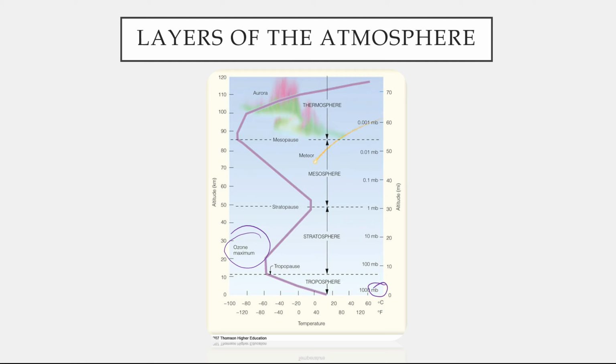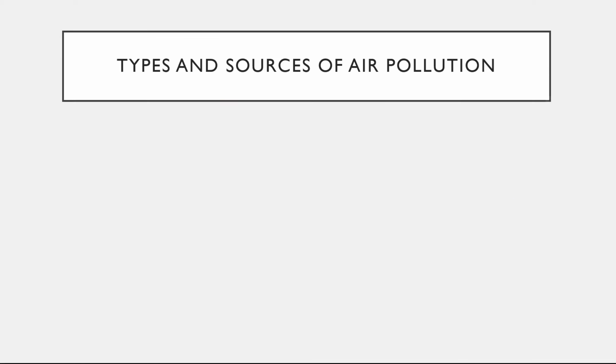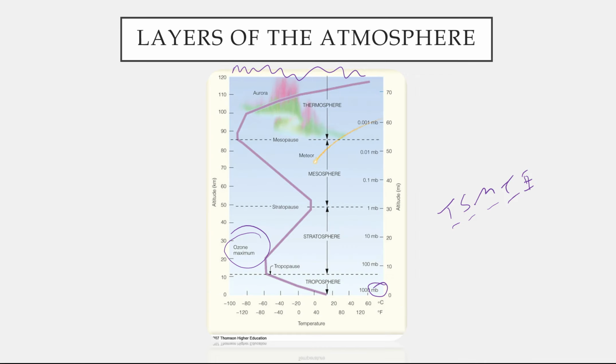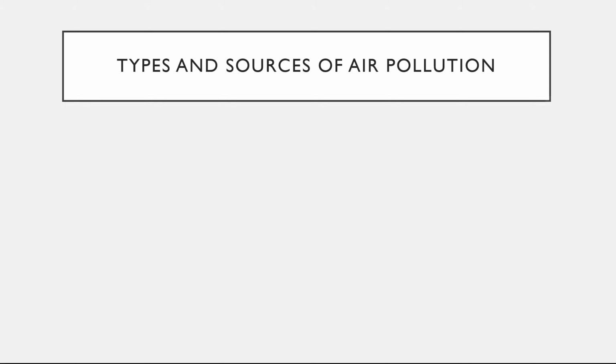A little mnemonic I use is TSMT, and then of course, not shown in here, we have that exosphere, which is basically where the atmosphere just slowly thins out into space. So TSMTE. The mnemonic I use is true scientists measure things. All right. So maybe that will help you guys remember those layers a little bit. True scientists measure things.